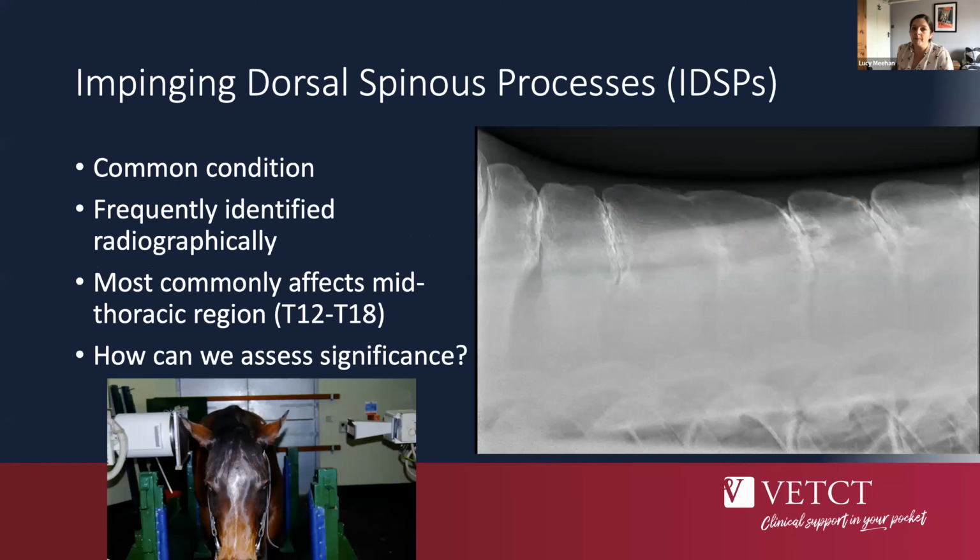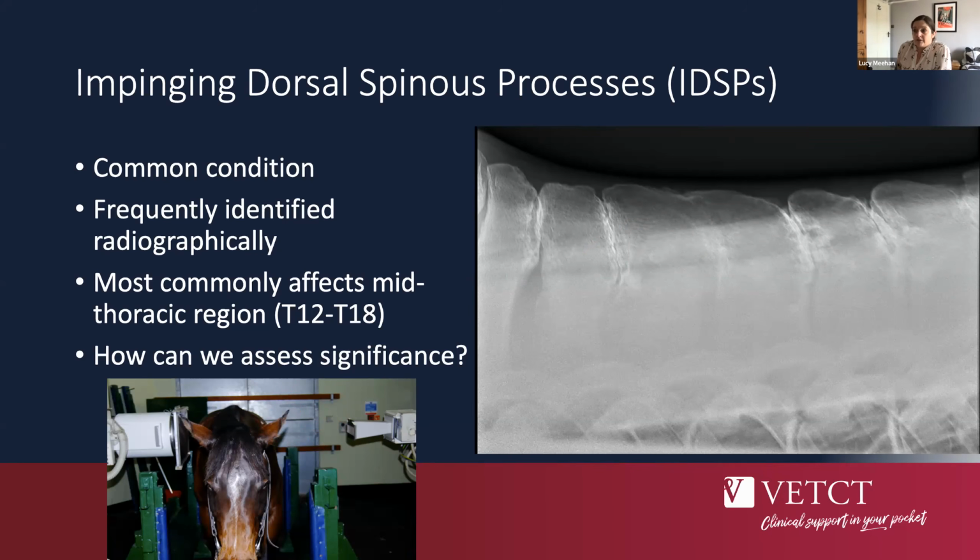So what's the most common back condition that we see? Certainly impinging dorsal spinous processes, or kissing spine, is something that we see very, very often in clinical practice. We mostly identify this radiographically. You can see at the bottom here the high power generator setup that we had at one of the clinics I worked at, but you can actually acquire these images relatively easily with a portable generator, and certainly it's something that we frequently get images to report of lateral thoracic spinous processes.